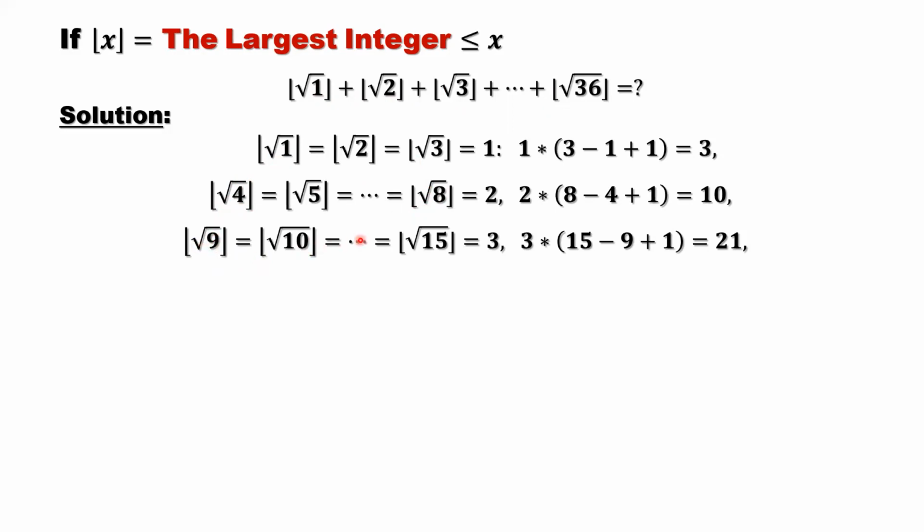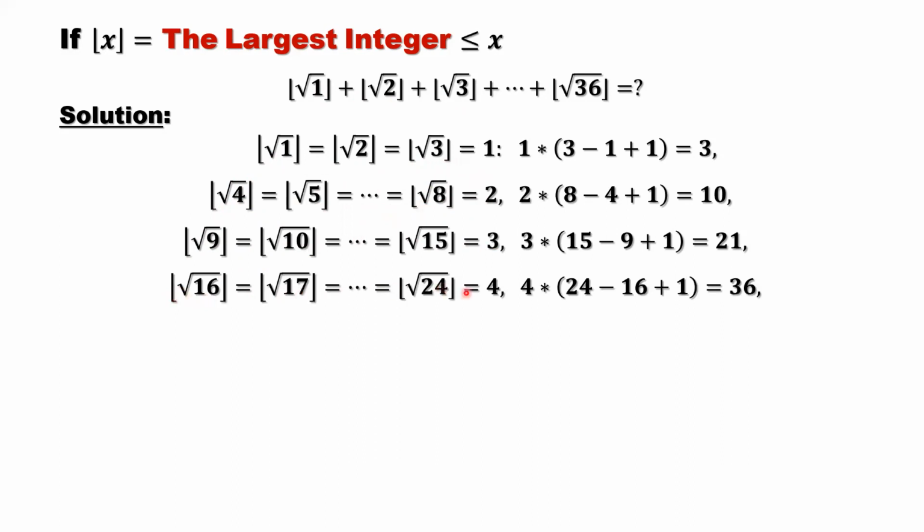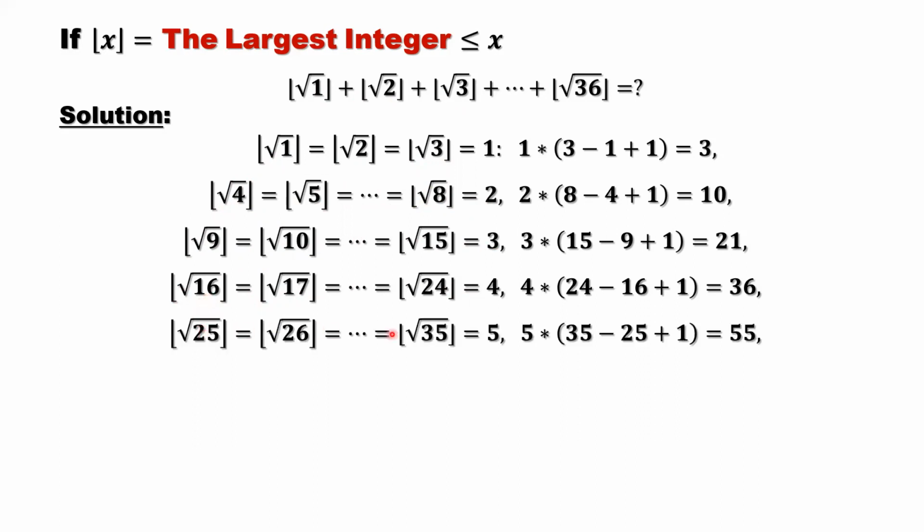So all those numbers equal 3. All those numbers equal 2. All those numbers equal 1. Then all those numbers equal 4. All those numbers equal 5.